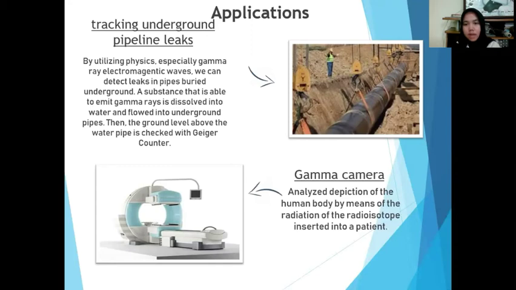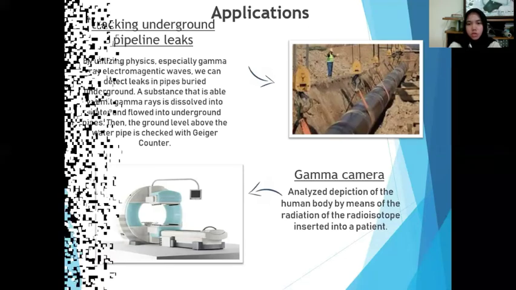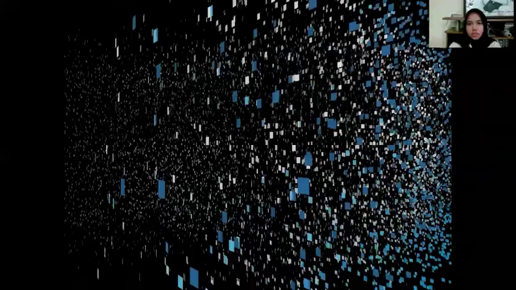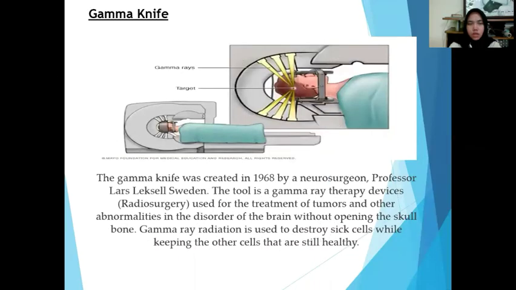Next is the gamma camera, which analyzes a depiction of the human body by means of the radiation of a radioisotope inserted into a patient. Next is the gamma knife. The gamma knife was created in 1968 by neurosurgeon Professor Lars Leksell of Sweden.